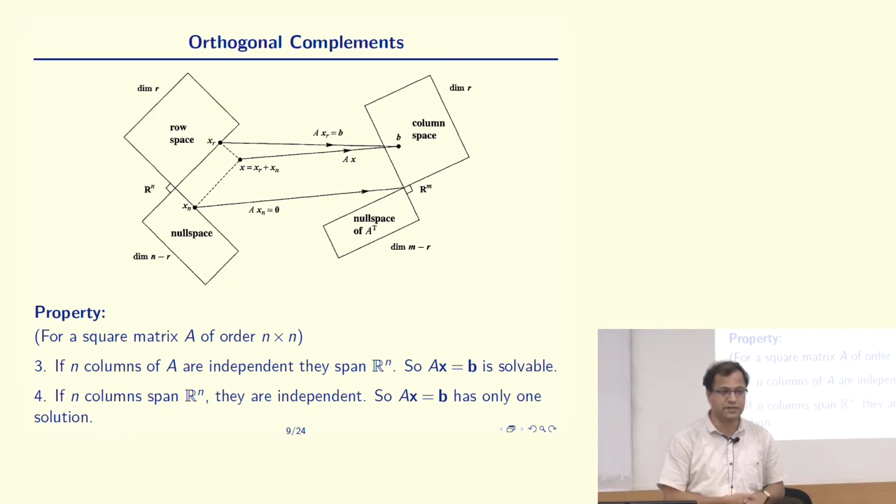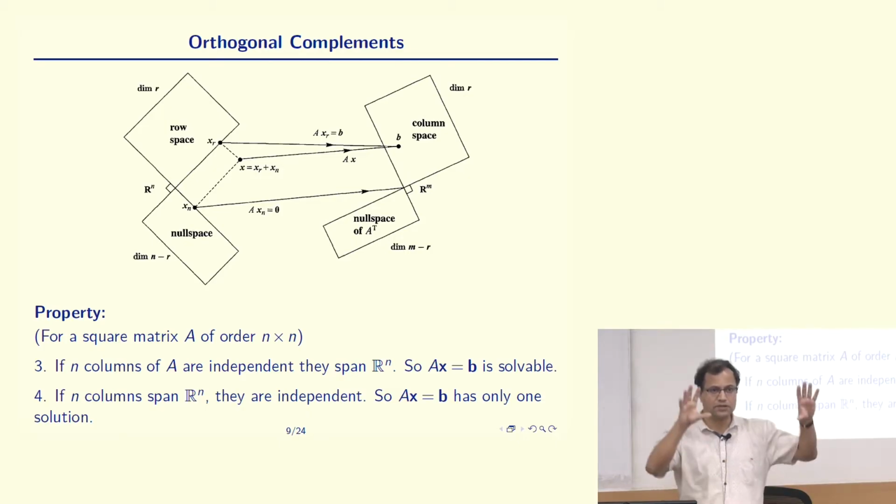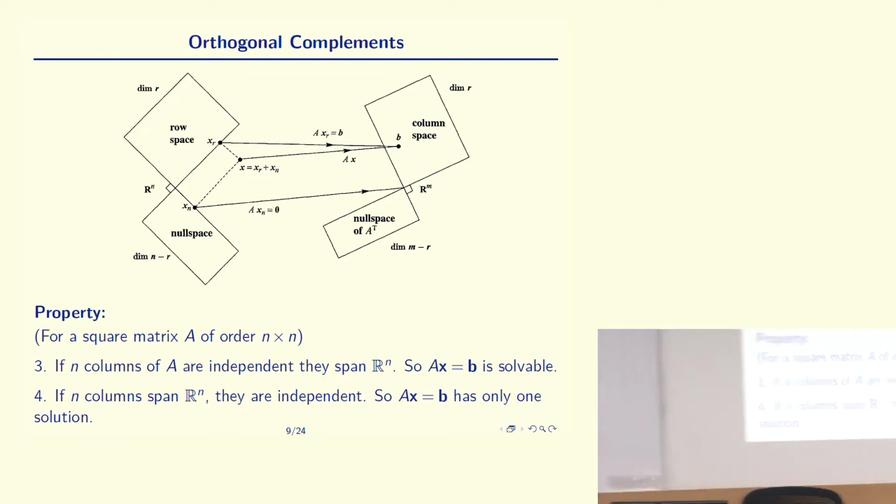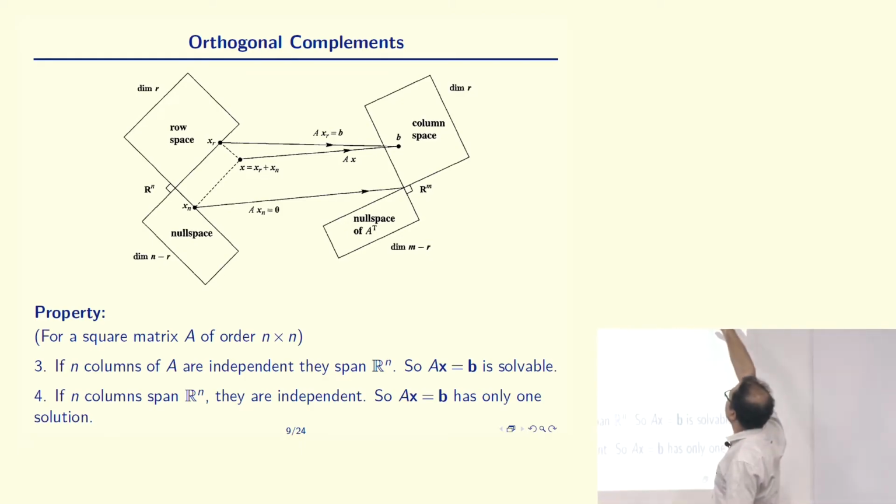For a square matrix, if n columns of A are independent, then what will happen? We are considering now a square matrix M. When n columns are independent, that will be a full column rank.